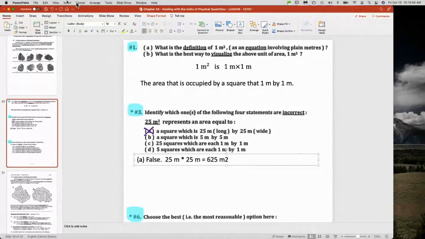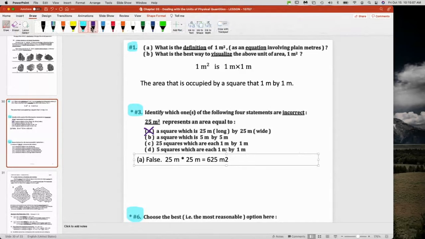Actually, in terms of the common sense approach here, I know that with A and B, one of them is wrong, because this is 5 by 5 and the other one's 25 by 25. B is true because 5 times 5 is 25 and the units are the same.